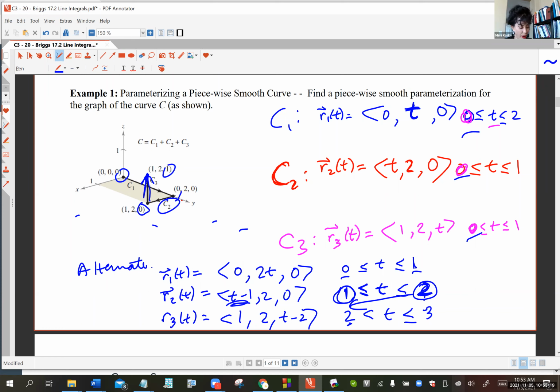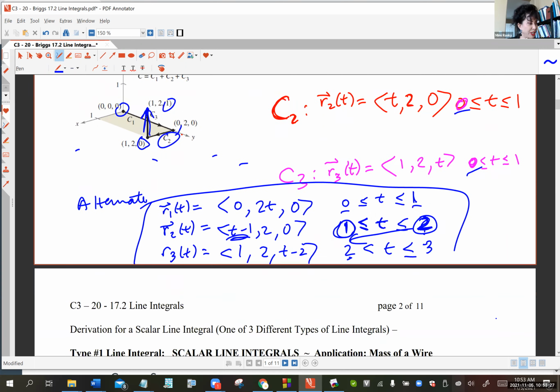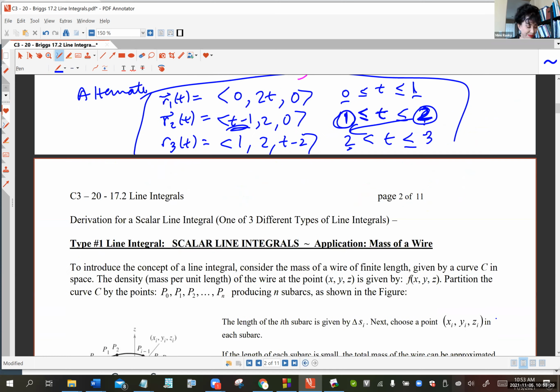Okay, and this alternate way of parameterizing is totally legit. Okay, now you're ready for type 1 line integral.